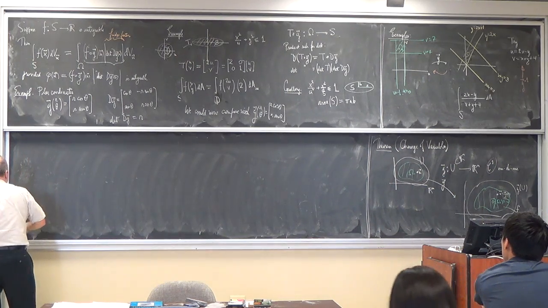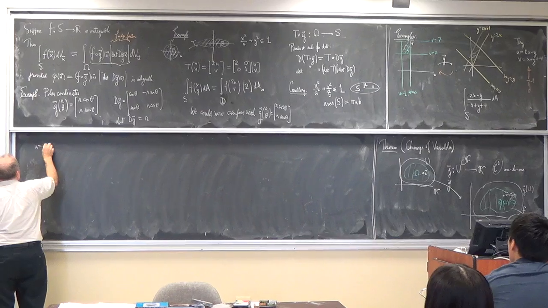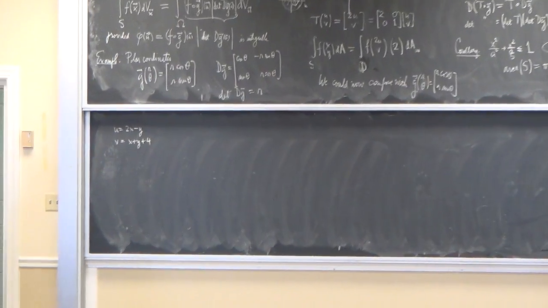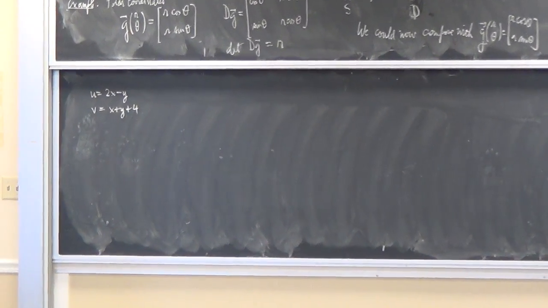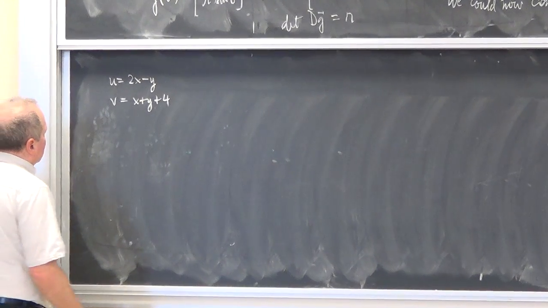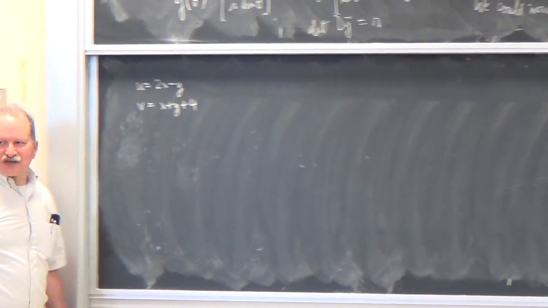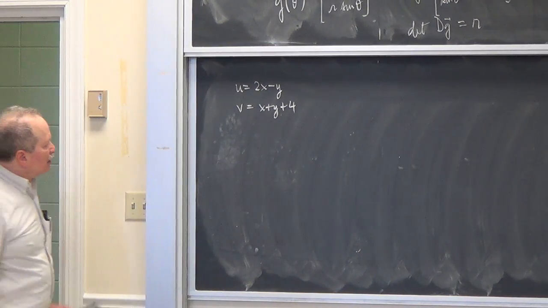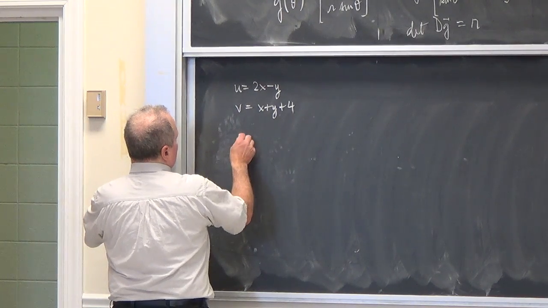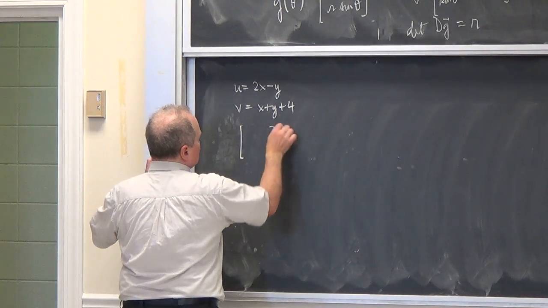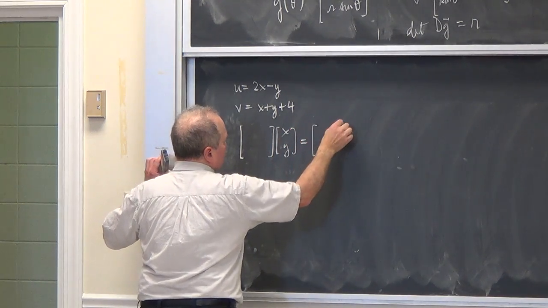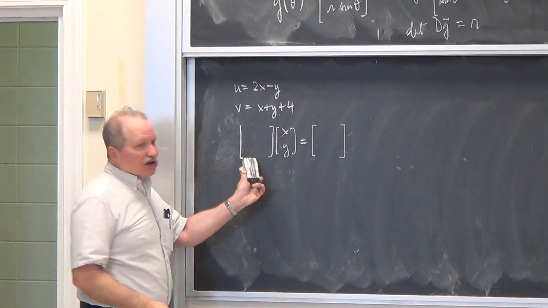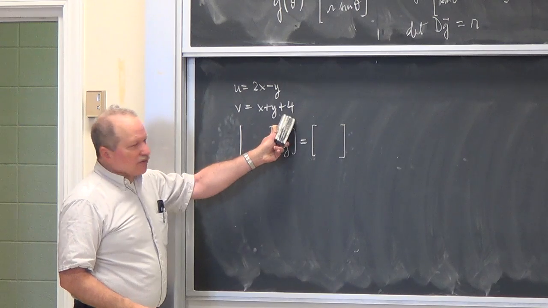We've got u equals 2x minus y, v equals x plus y plus 4. So how can I convert this to a system of linear equations? Y equals 2x minus u. No, I'd rather use stuff we've learned in this course rather than going back to 9th grade. Do you want to set up some matrix times (x, y) equals what? It's not going to be (u, v). If this is linear, I can't have the +4 in it.